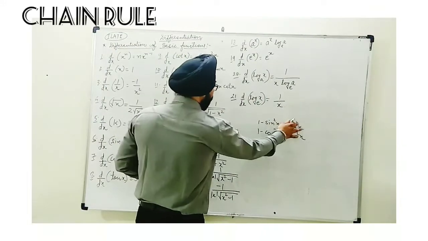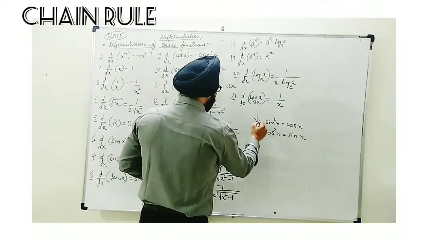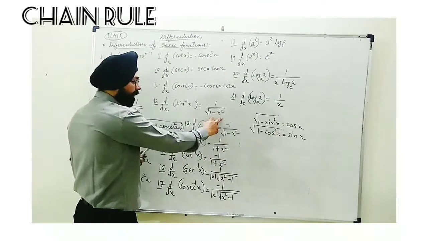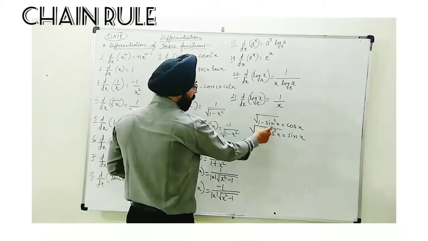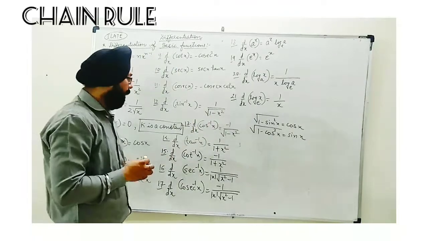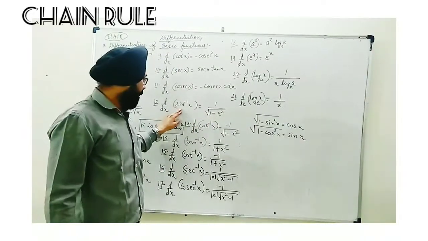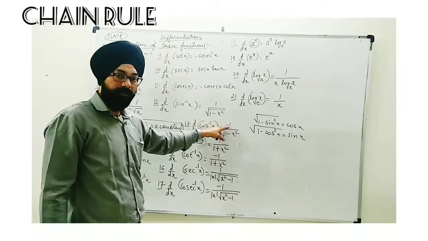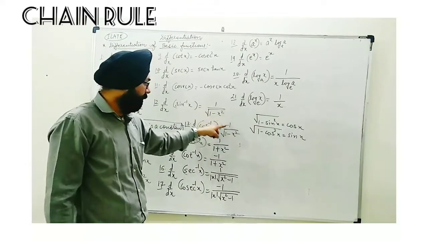If I remove this square, I will find the square root, so the same pattern I find here. In place of the trigonometric function, x is to be put. And when it is cos inverse x, we have a minus sign. The only change is the minus sign.